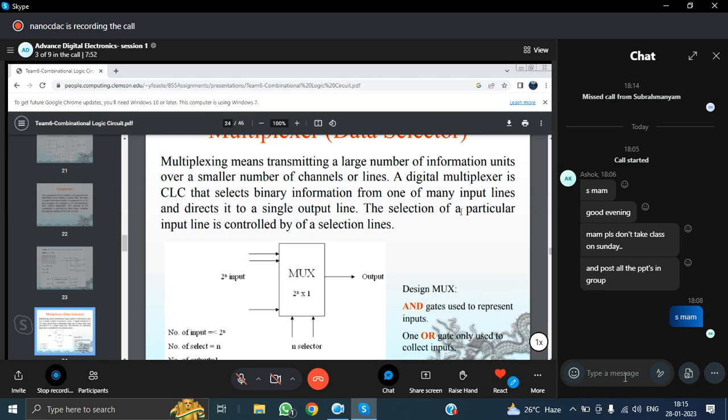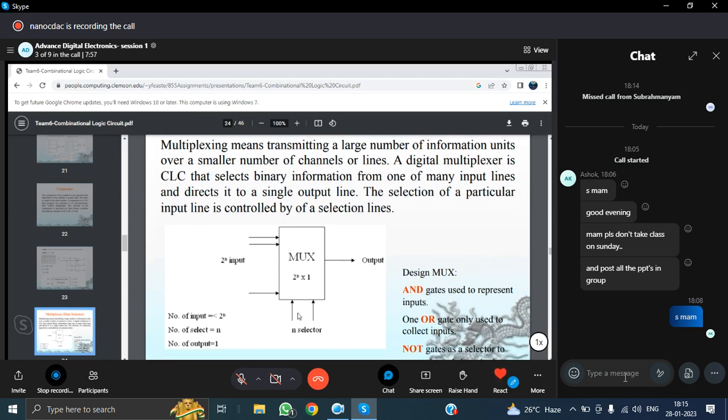The selection of a particular input line is controlled by the select lines. These are the select lines for the multiplexers. If there are 2 power n inputs, then depending upon the select lines, only one input will be selected as the output.